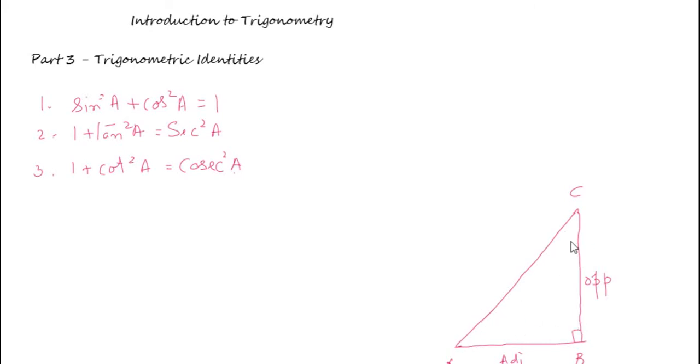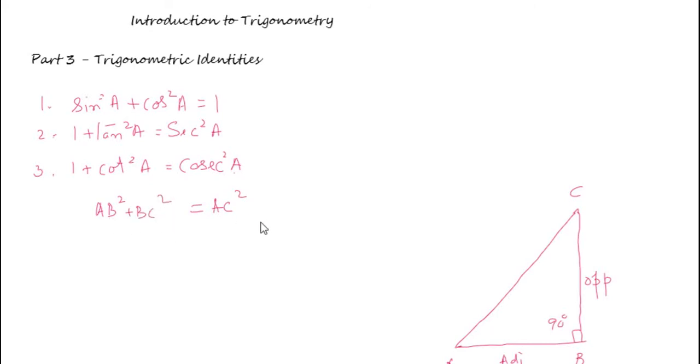ABC is a right angle triangle, right angled at B. B is 90 degrees. Now from Pythagoras theorem, what we have is square of the hypotenuse, that is AC square, is equal to sum of the squares of the other two sides, that is AB square plus BC square.